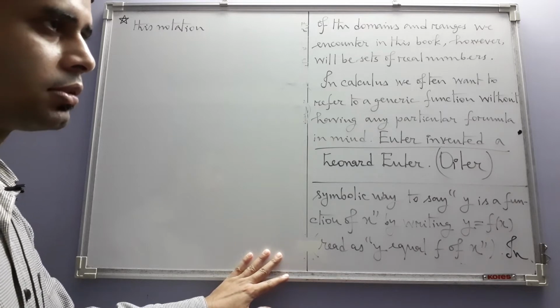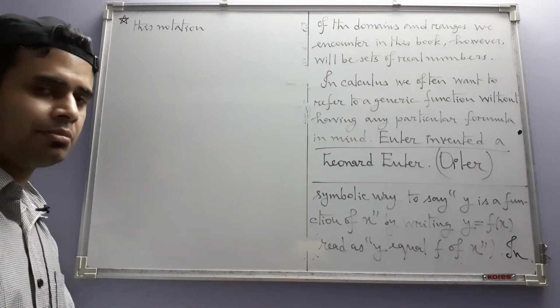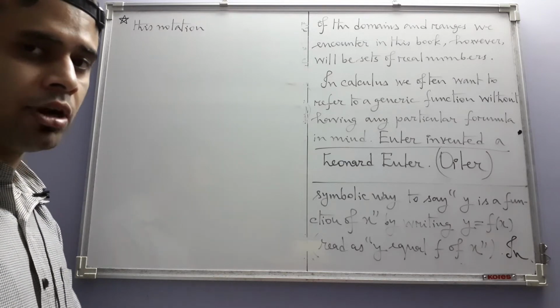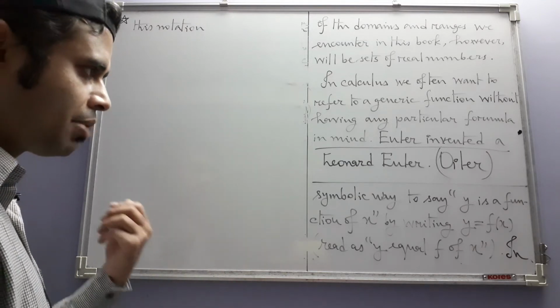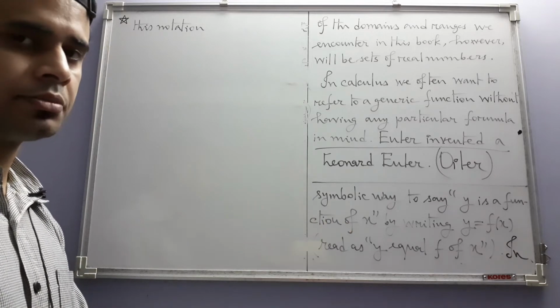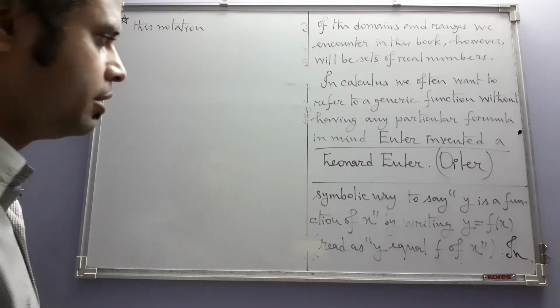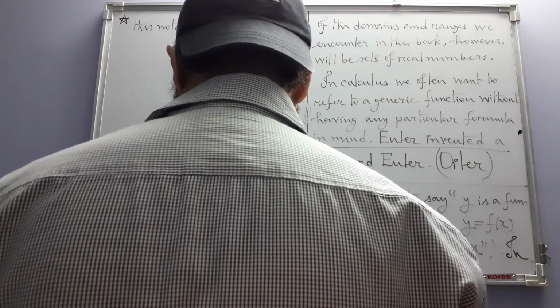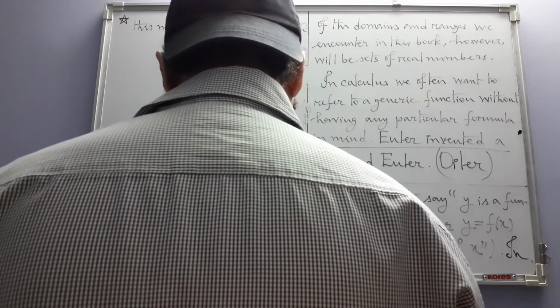I think 70 or 75, I can't remember the exact figure, volumes were needed to publish all his works entirely, completely. Okay, so where were we?